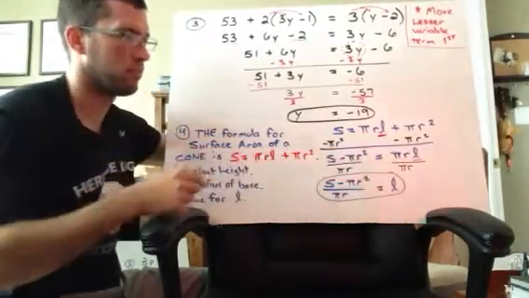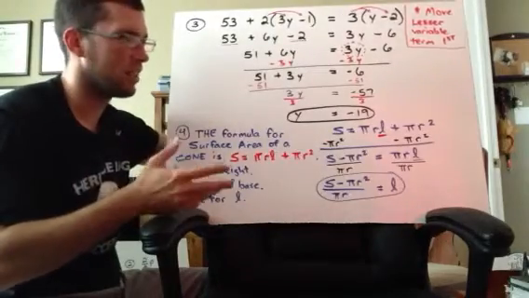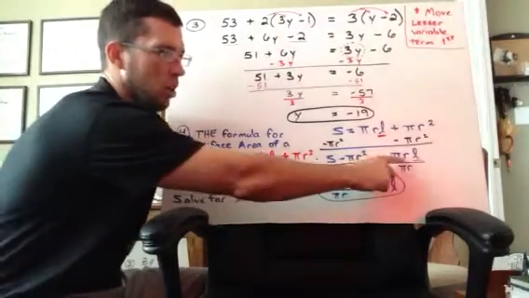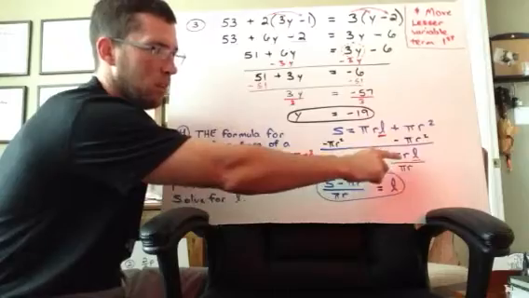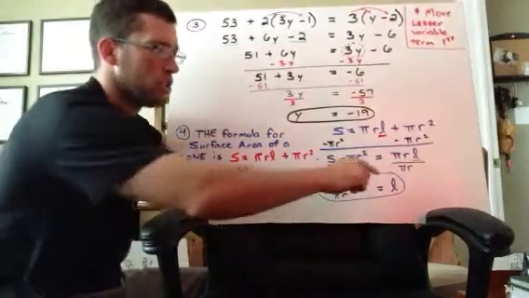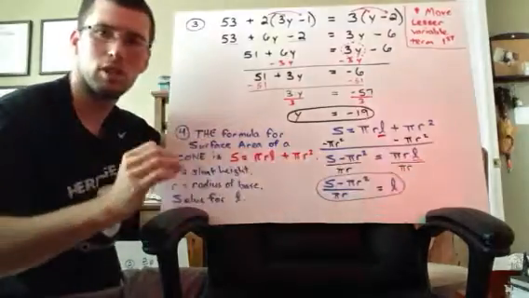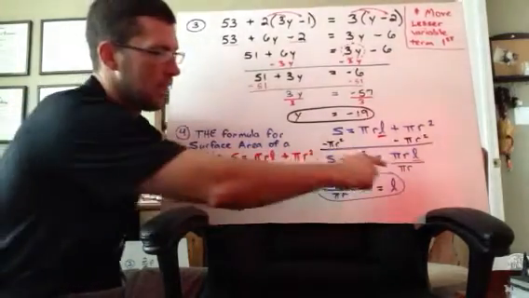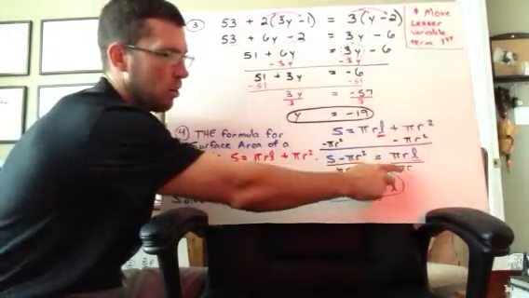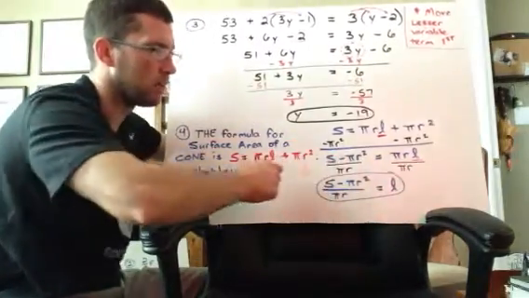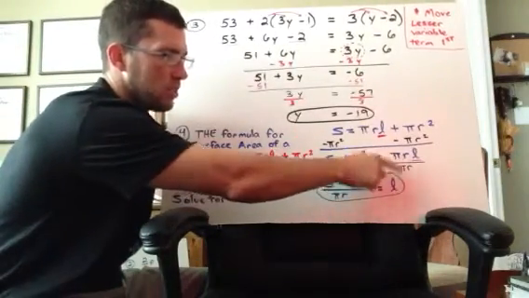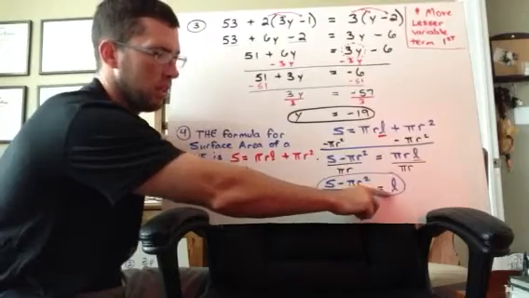Now the pi and the r are unnecessary for the L. We just want L. So what we do is we divide. Since they're being multiplied, remember touching means they're multiplying. So we divide by pi r and divide by pi r. On the right side, they cancel out, so we just end up with L in our answer.